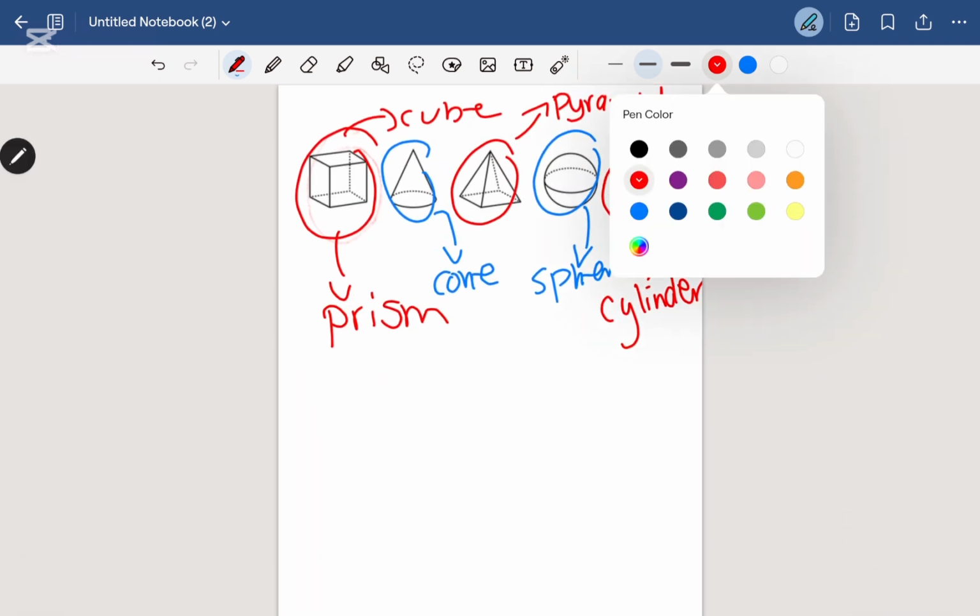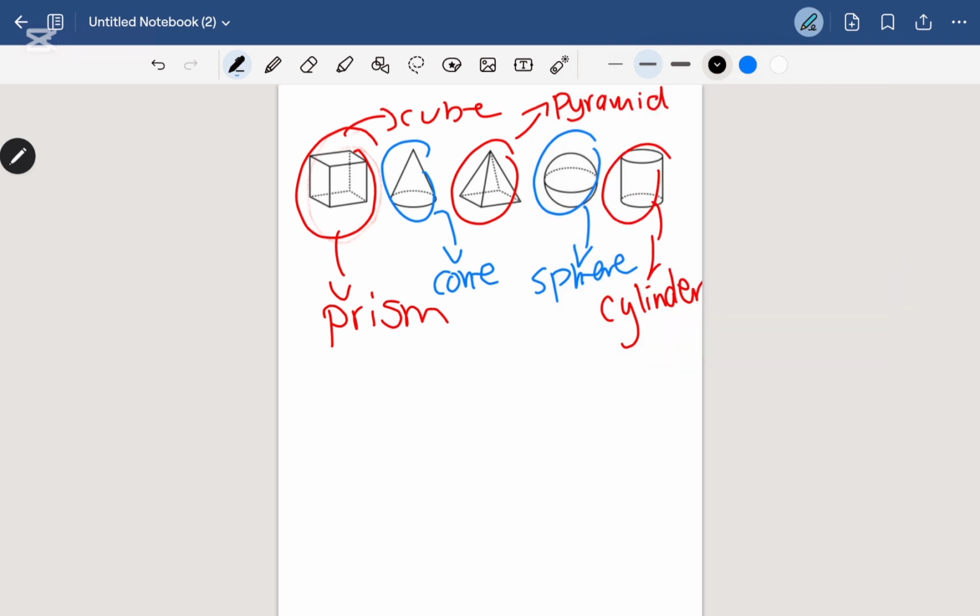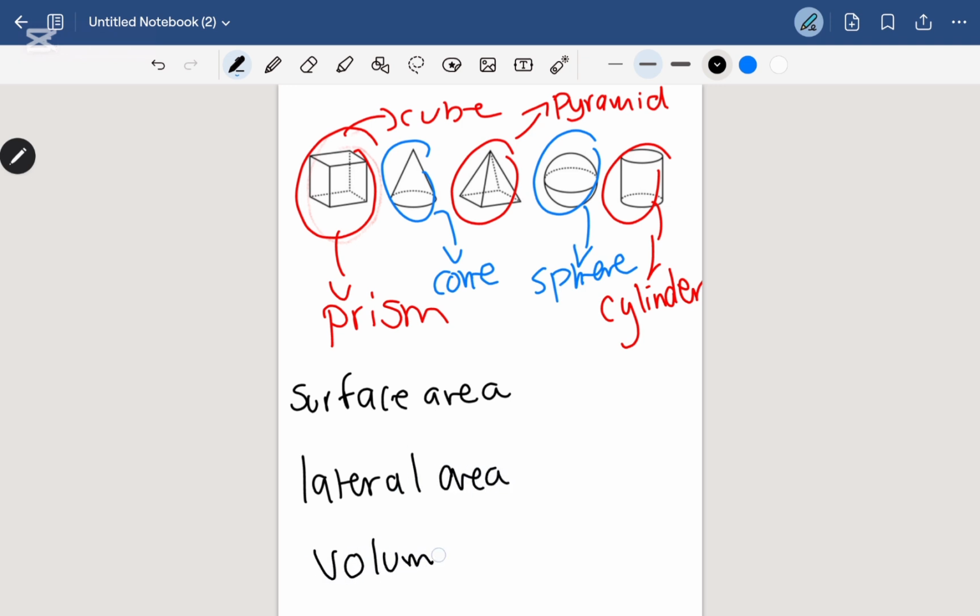Okay, now before we actually get into detail, I would like to explain what each of the following mean. What does surface area mean? What does lateral area mean? And what does volume mean?